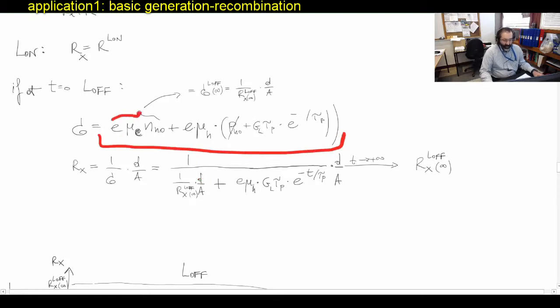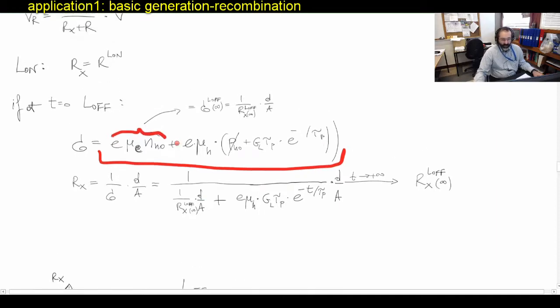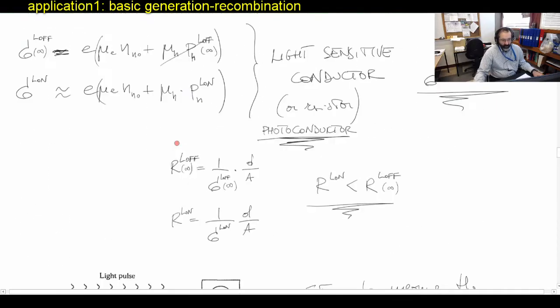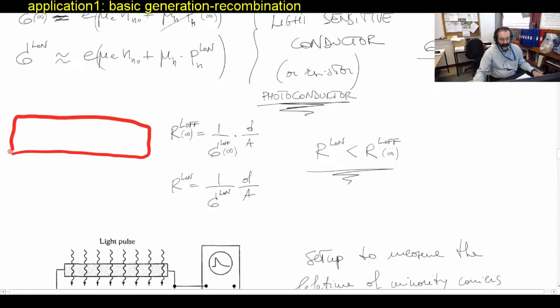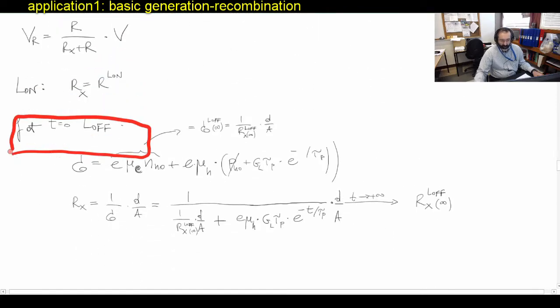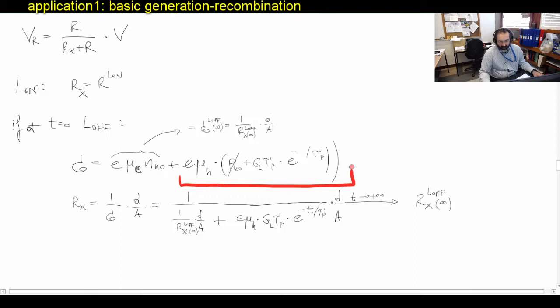Now this term is effectively sigma L of infinite, plus this term that is related to what the minority carriers, pn, are doing during L off.